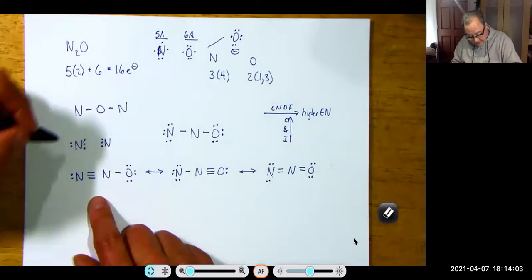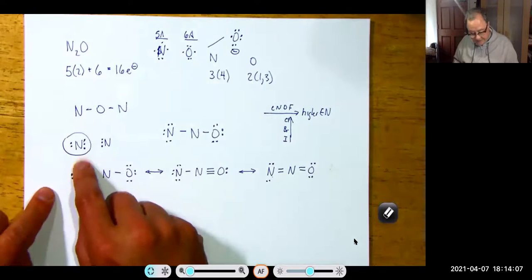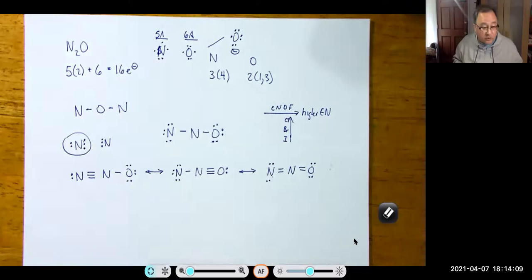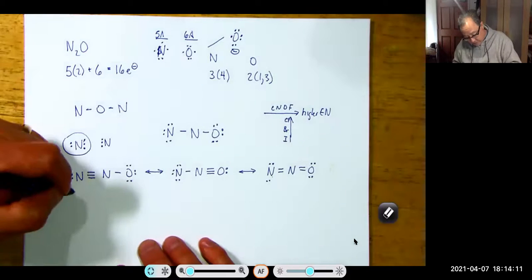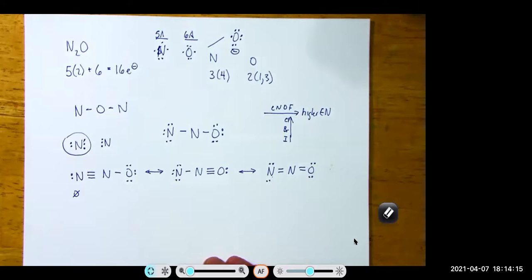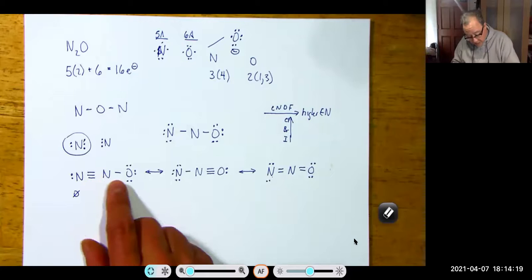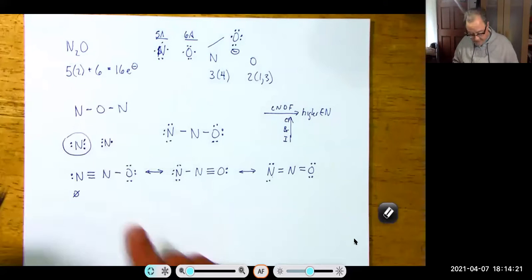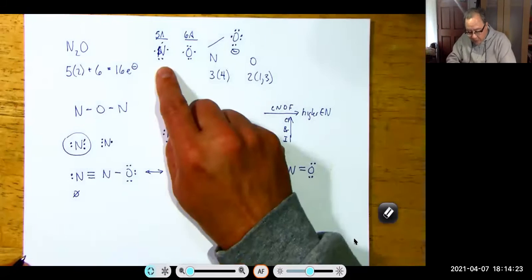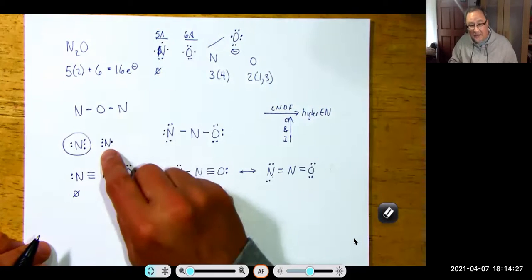So if we look at this, nitrogen normally has 5 dots and this has 5 dots. What does that mean about the formal charge? It's 0 because it has exactly how many dots it should have. This nitrogen has 3 dots from these 3 bonds and 1 dot from that bond. So what happens to a nitrogen with no charge on it when you take away an electron?